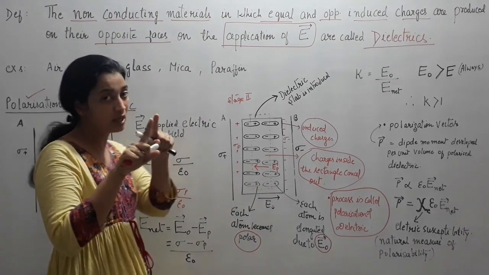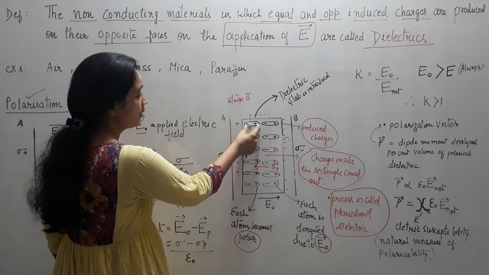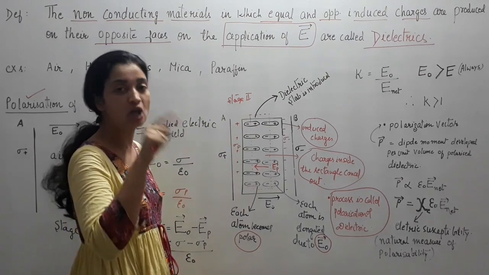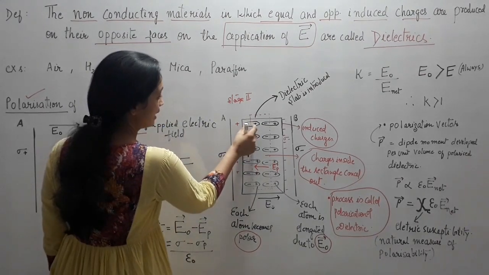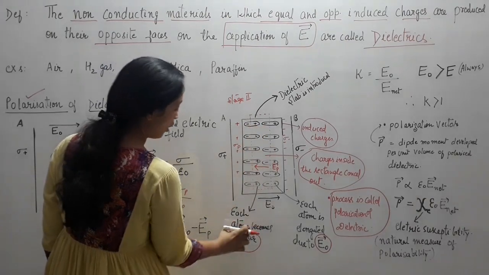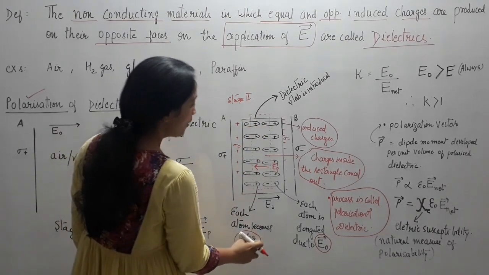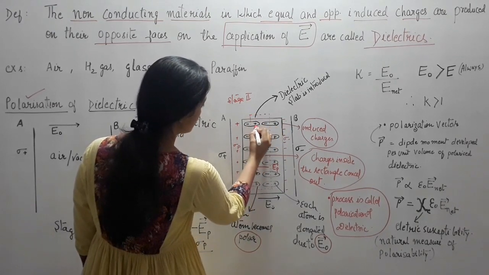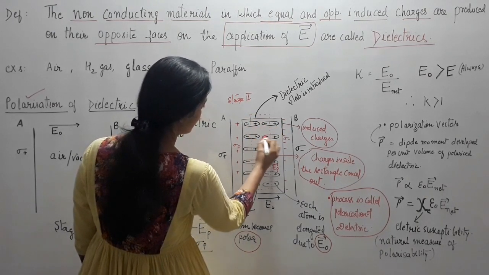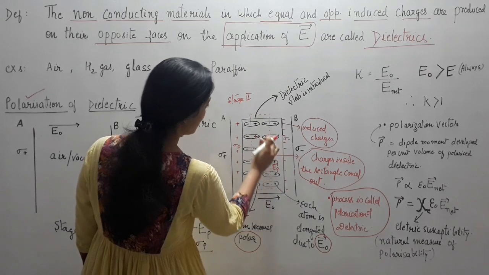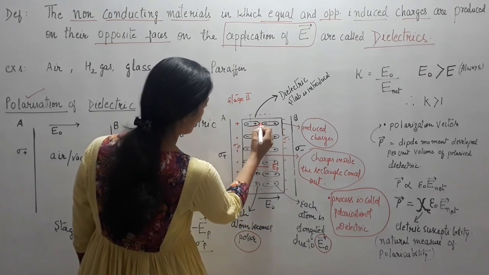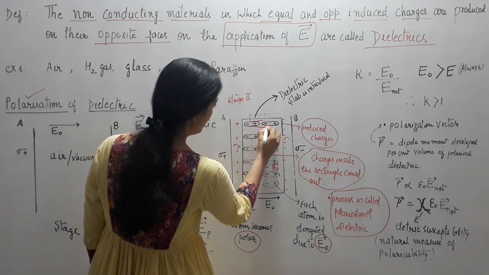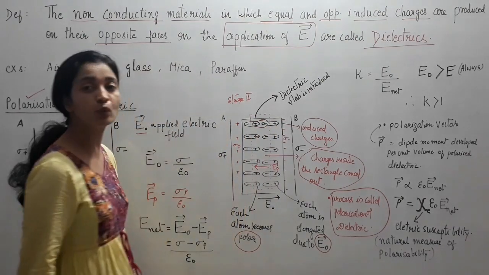But now due to the separation, this distance, dipole moment is charge into distance. So there is considerable distance between the charges. Now each atom becomes polar, and due to this, you can see positive and negative, positive and negative charges inside this rectangle being close to each other. Can you see? These two charges are pretty close to each other.